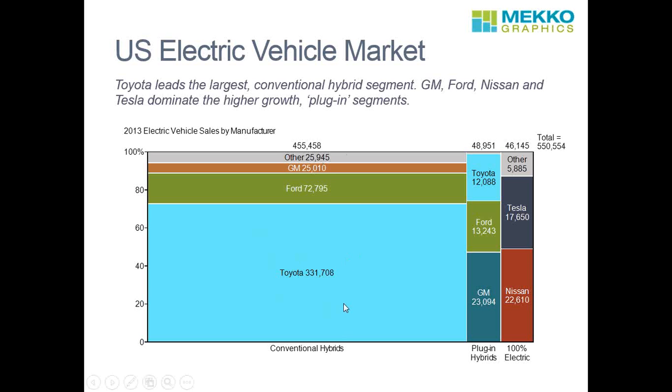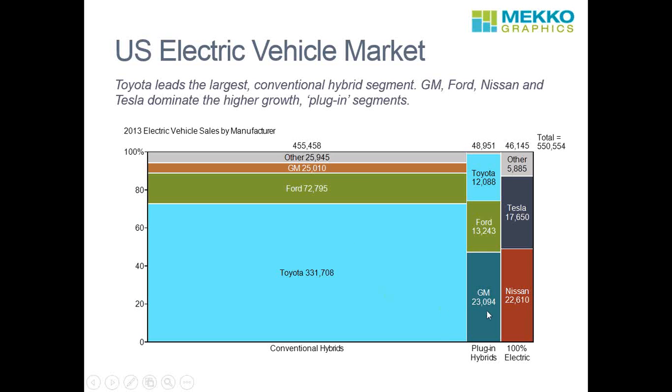And Toyota, not surprisingly, if you're from the U.S., and its Prius brand is the main competitor and controls about 70+% of that market. So the Marimekko shows you the market size, the segment size, and the competitors within that segment.